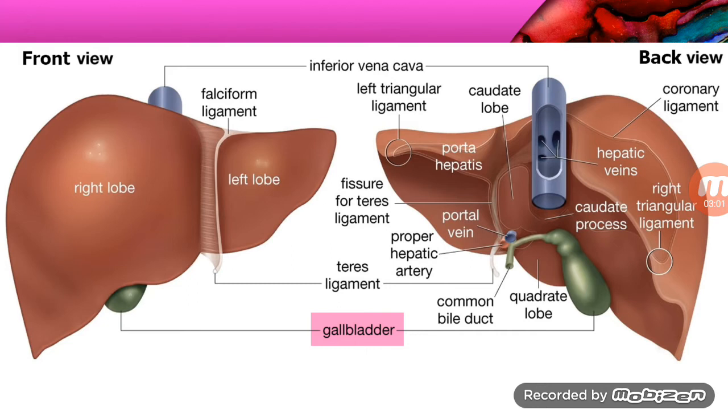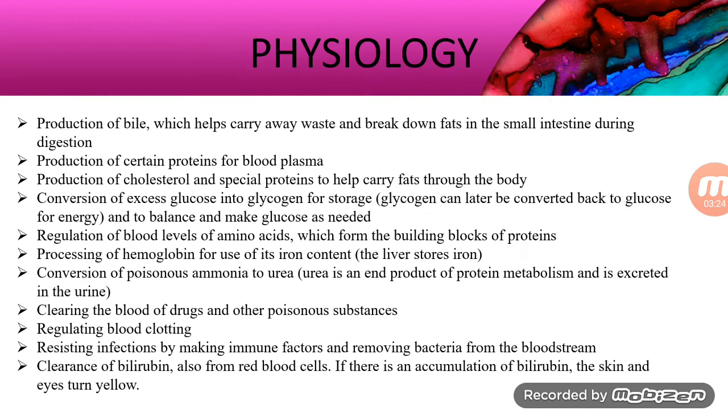And then you can see the portal vein, that blue color small vein, and beside that the red color hole is the hepatic artery. Okay, so this is the front view and the back view of the liver.